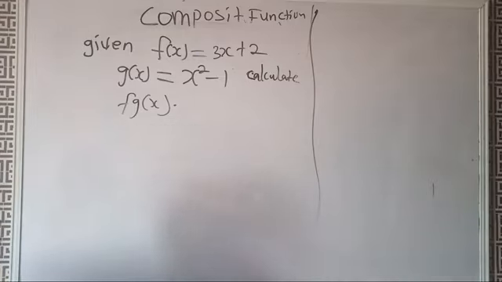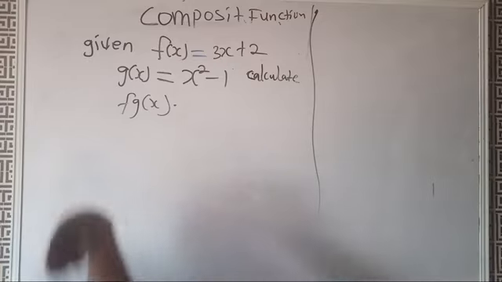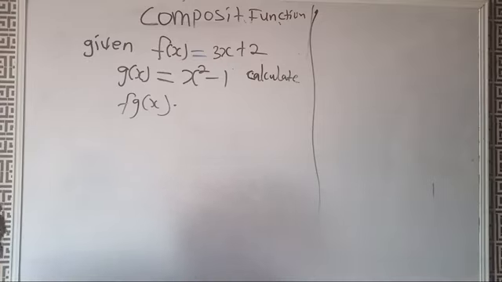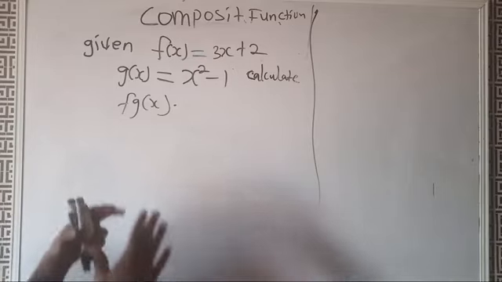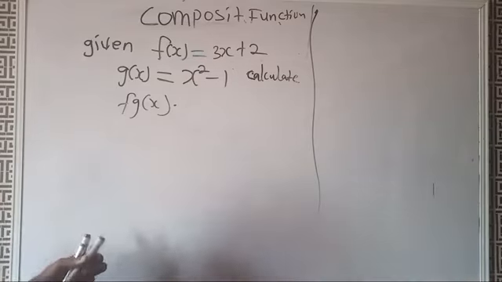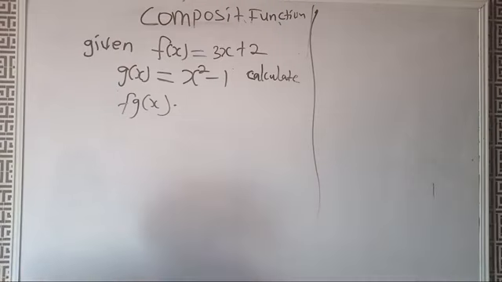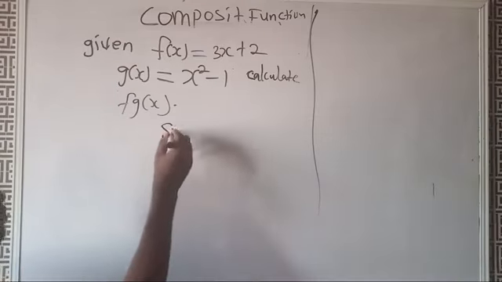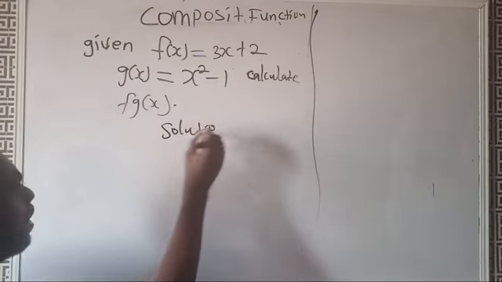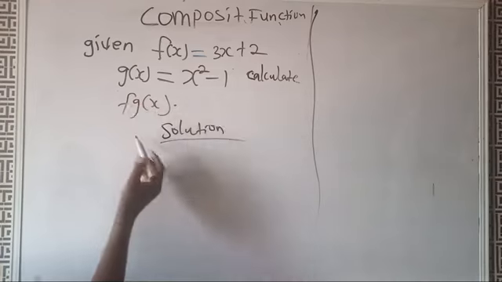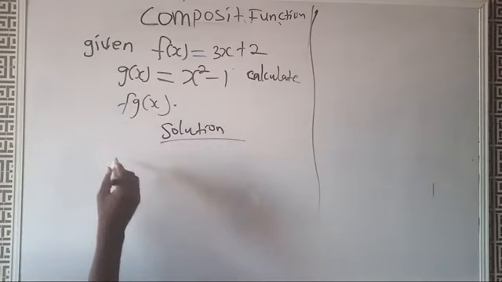As I explained before, you have a function and there is another function inside of it. Whenever you have a function and there is another function inside of it, just define the first function, then pick the second function and put it inside of it. So we have f of g of x, which means you write the function for f of x first.